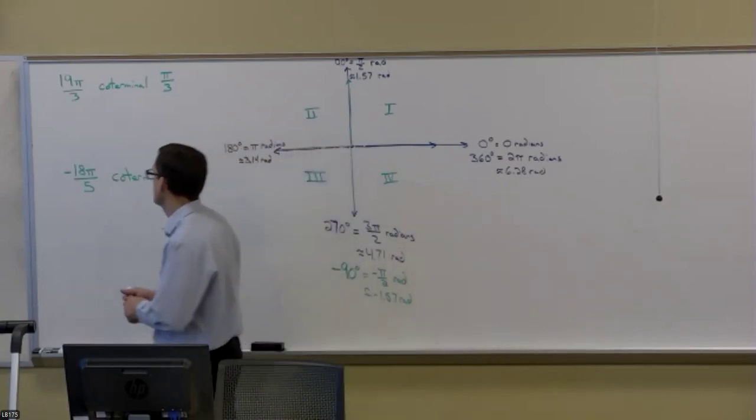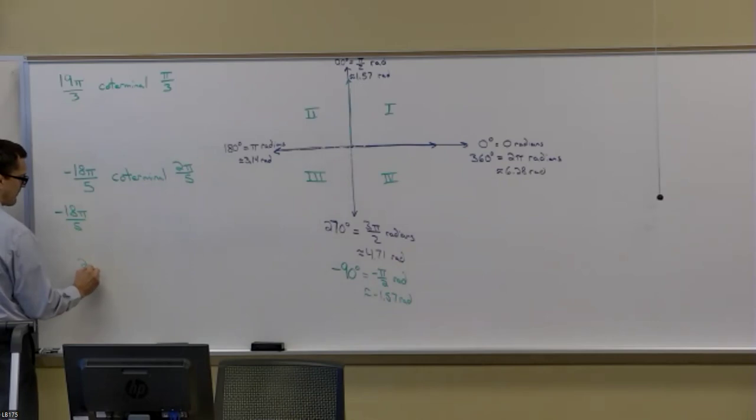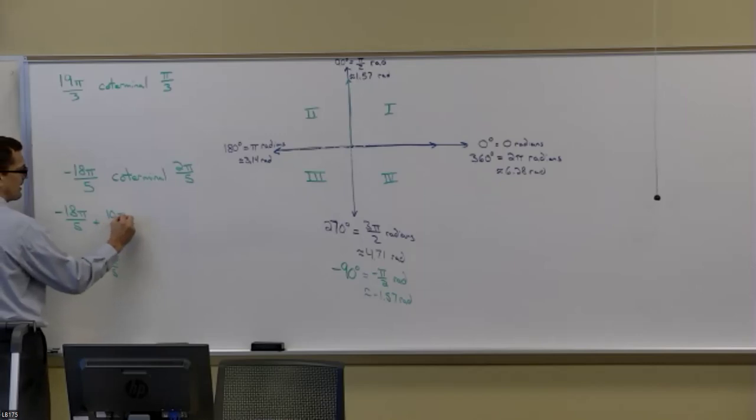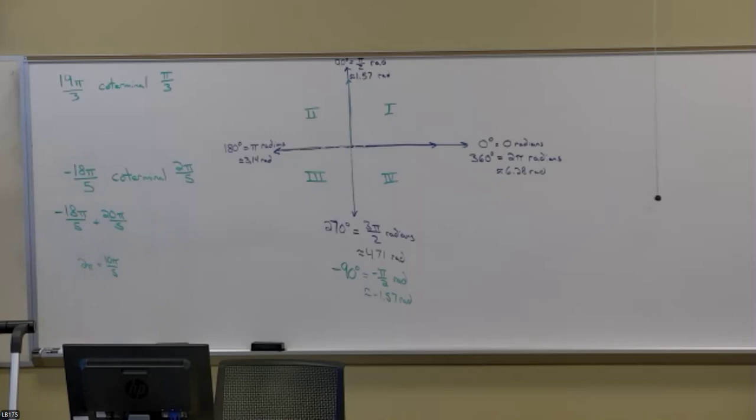Like for this one, negative 18 pi over 5, think of 2 pi as being 10 pi over 5. So we can just add copies of 10 pi over 5 over and over again. If I do that twice, that's going to be 20 pi over 5, which is going to give you 2 pi over 5, right? That makes sense?